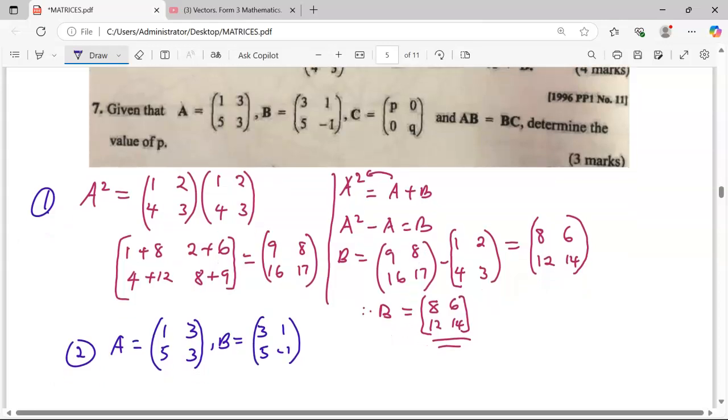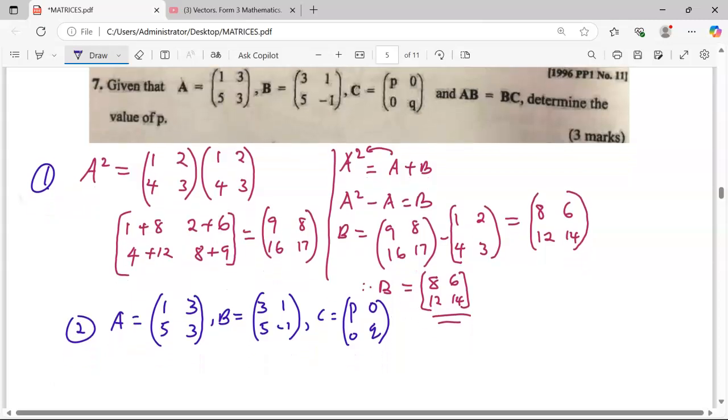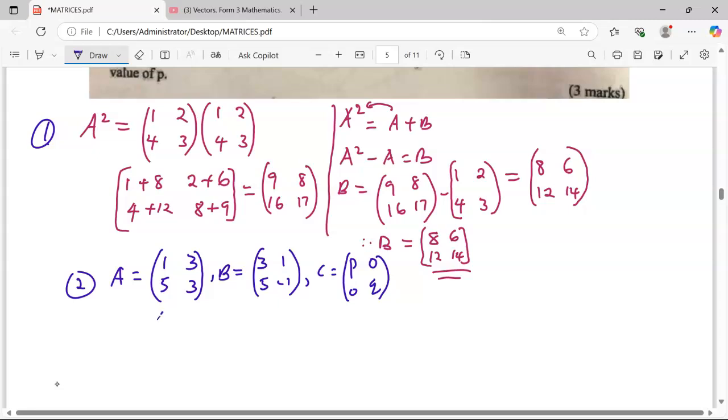We have also been given C, which is P, 0, 0, Q. We are supposed to find the value of P, given that AB is equal to BC.